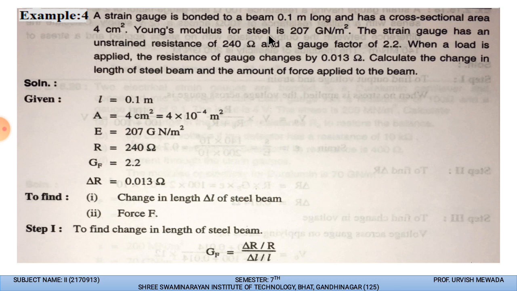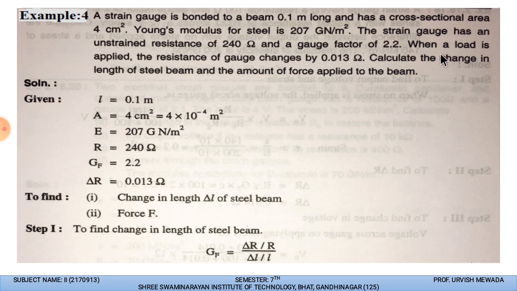Young's modulus for steel is 207 GN per meter square, and the strain gauge has an unstrained resistance of 240 ohm and a gauge factor of 2.2, which is given.